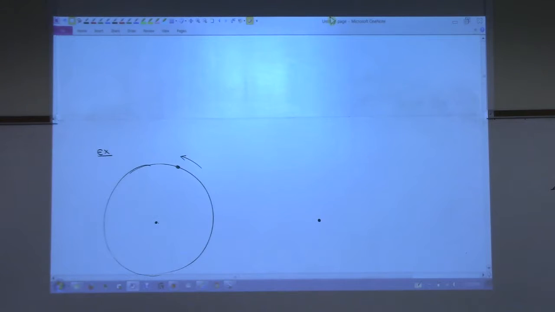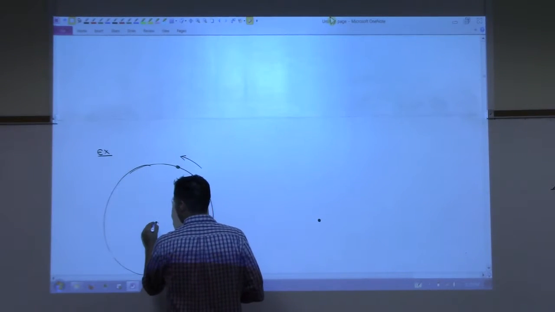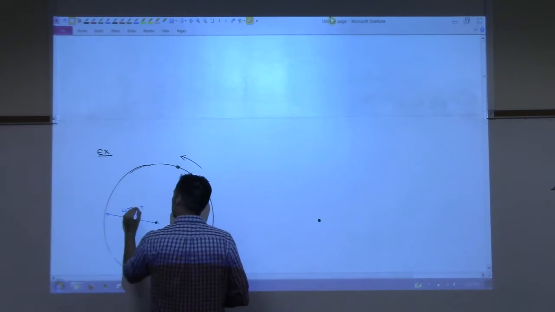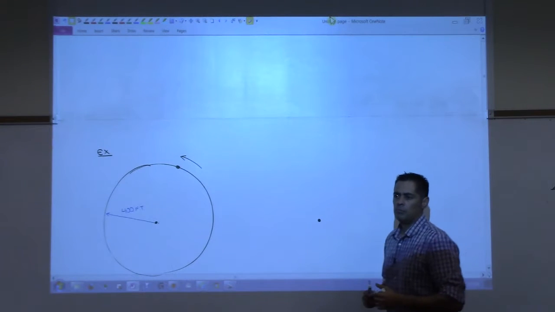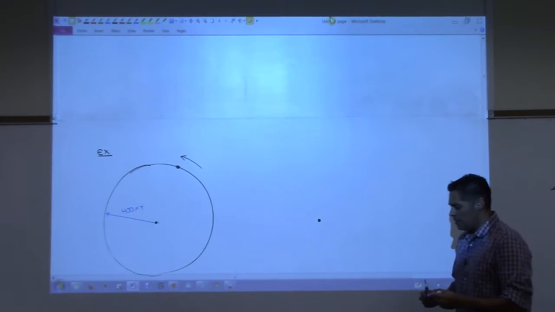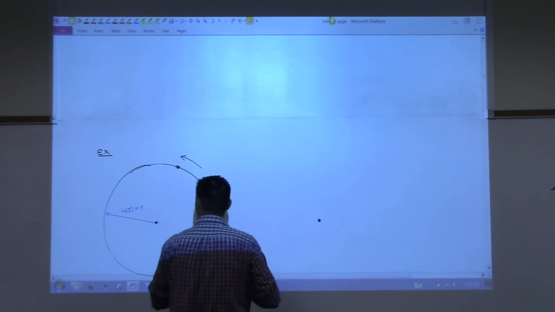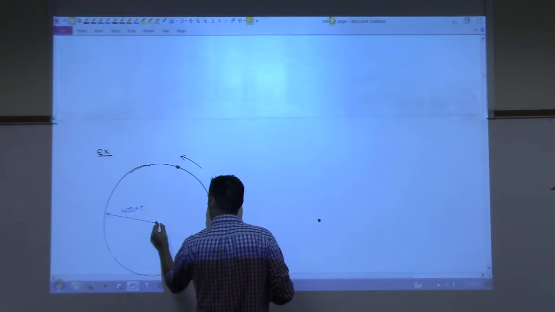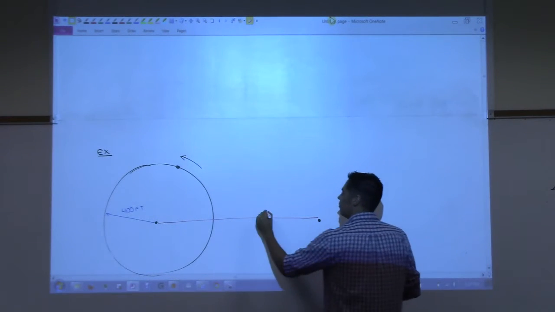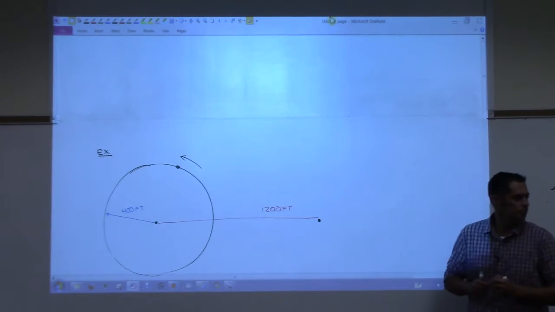I'm going to give you a couple of pieces of information. First of all, the track has a radius of 400 feet. That's a pretty big track. And then I'm going to say that the distance from the observer to the center of the track is 1,200 feet. Okay?